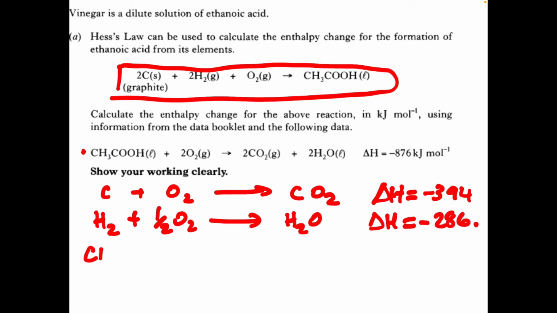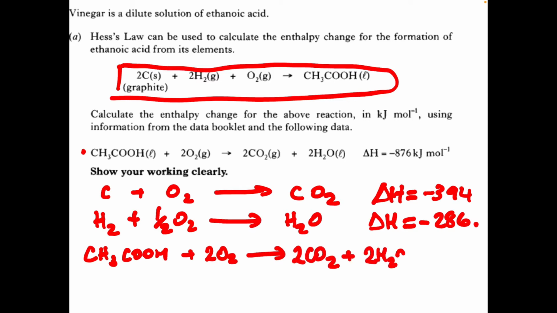And then this last one here, which is given to us very kindly by the SQA, CH3COOH plus 2O2 gives us 2CO2 plus 2H2O, and then that delta H is minus 876.